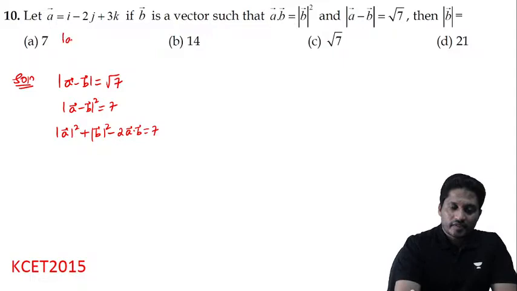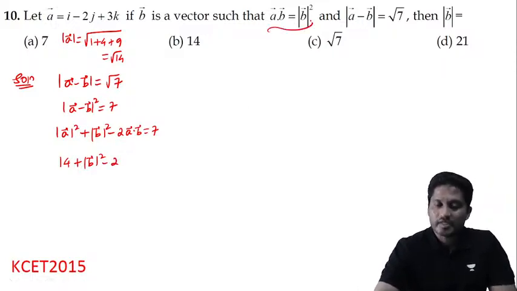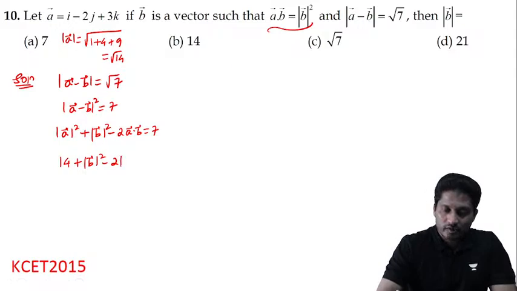Here modulus of A is root of 1 plus 4 plus 9, equal to root of 14. So mod A the whole square is 14, plus modulus of B the whole square, minus 2 times, given in the question that A dot B is mod B the whole square. Mod B the whole square is equal to 7.